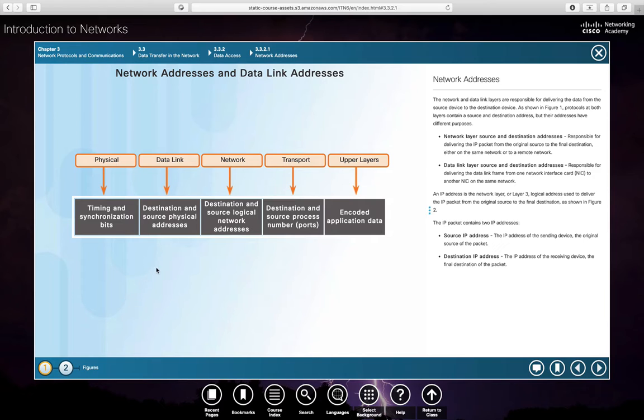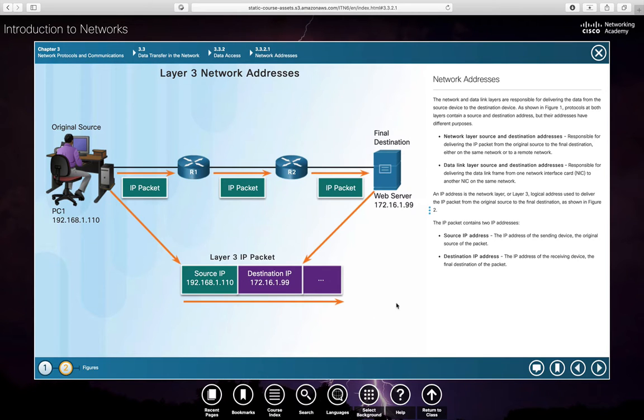But primarily what we're interested in right now is the destination and source addresses that we will be sending. In this case, they're showing a layer 3 address being sent. The PDU for layer 3 is a packet. So they're showing IP packets going from PC1 on the left to its final destination, the web server on the right.